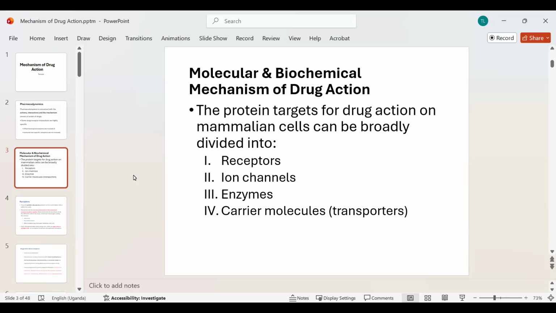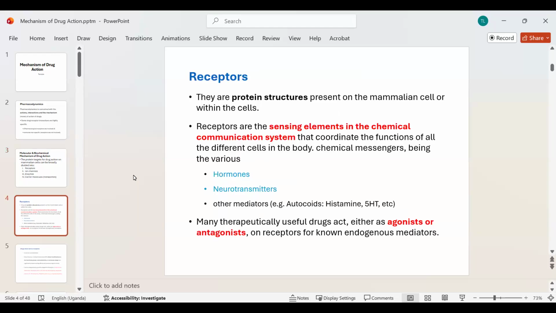When we talk about protein targets, in most cases we are referring to receptors. That's why we say receptors are protein in nature. So let's look at receptors specifically.